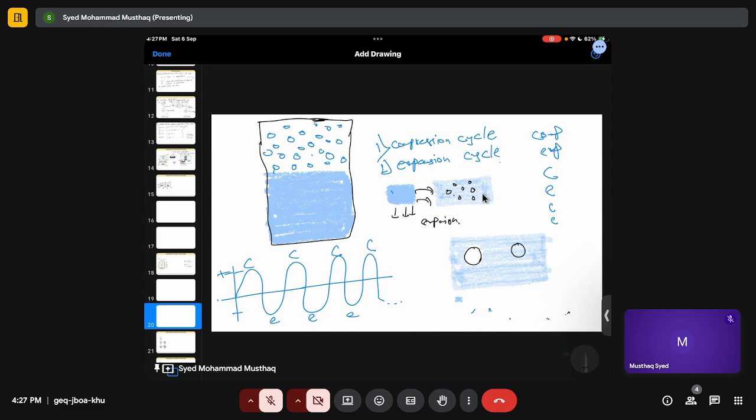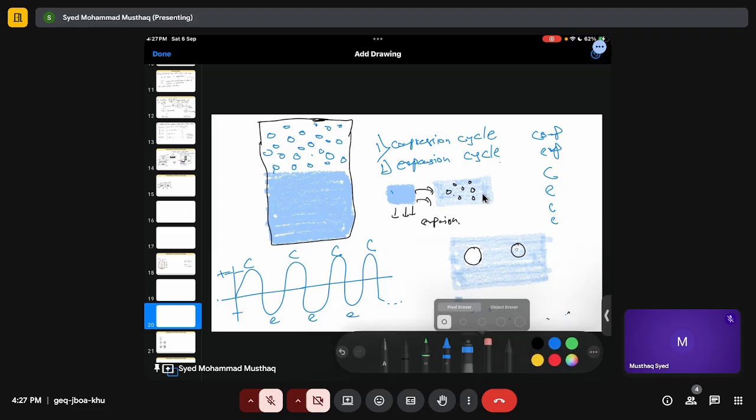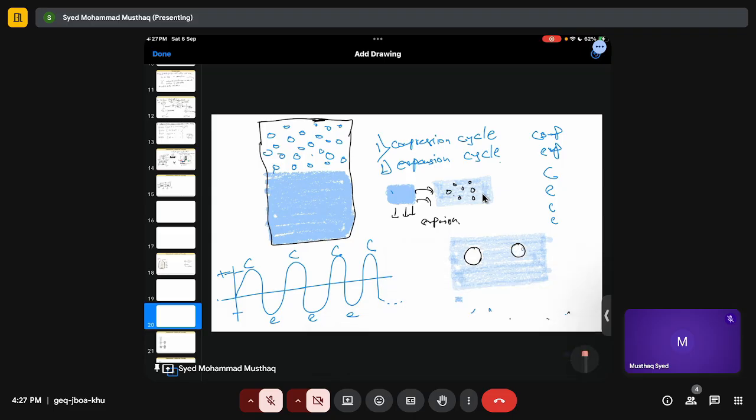Whenever you have low pressure zones, there will be a creation of voids.